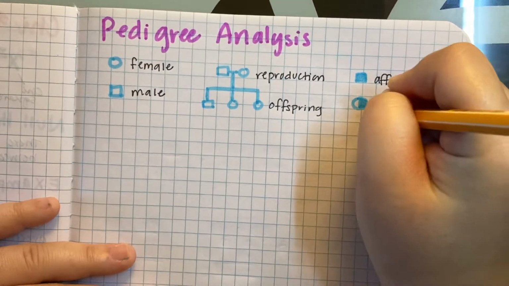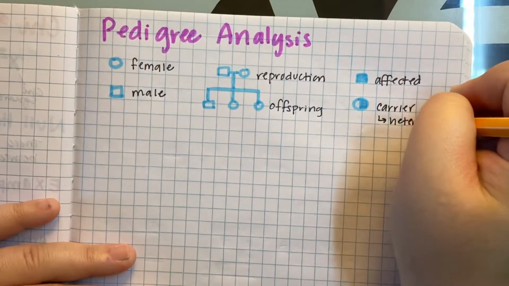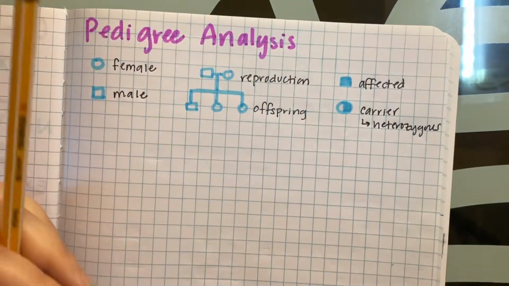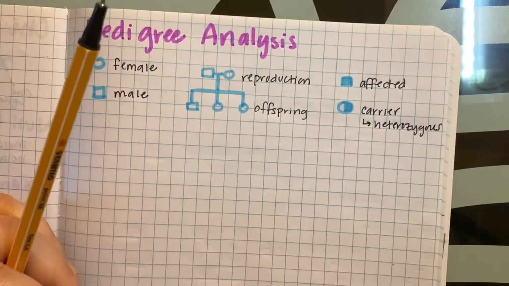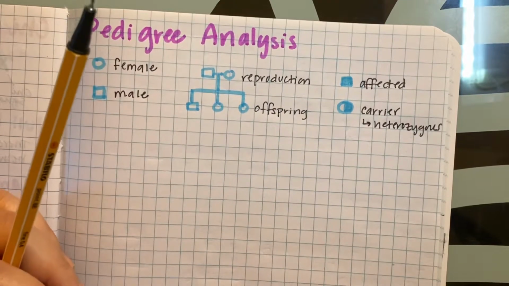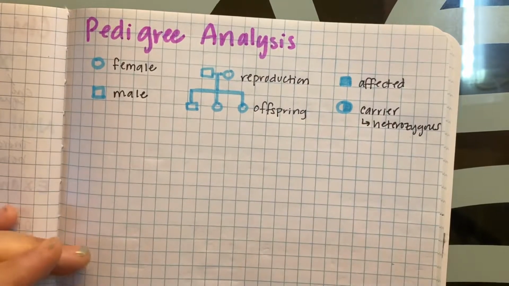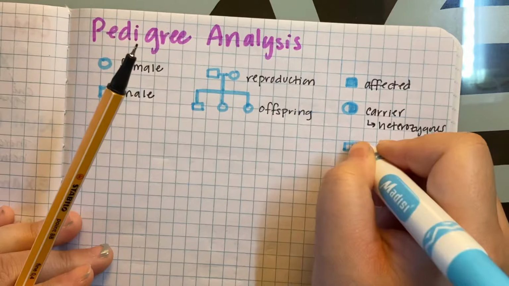If you're a carrier, that automatically means you're heterozygous. And that also automatically means that the trait is caused by a recessive allele. People who are carriers carry the disorder. They don't have it, but they carry it so they can pass it on to their children. The last thing you might see is a symbol with a diagonal line through it.